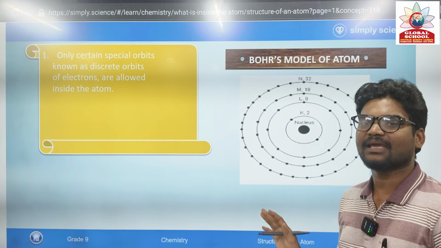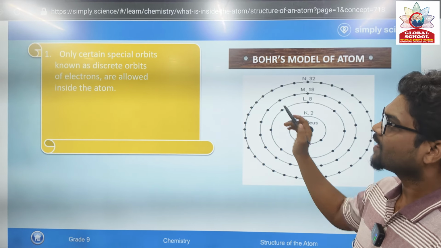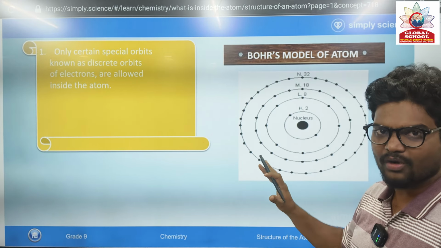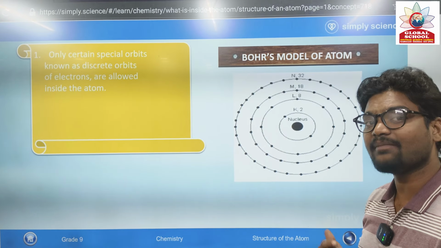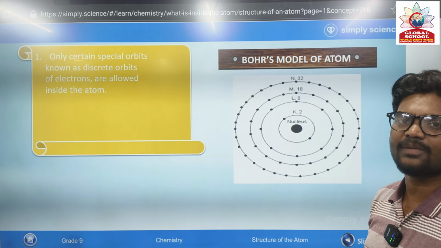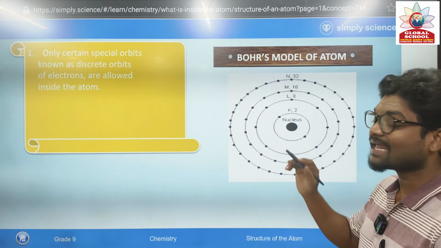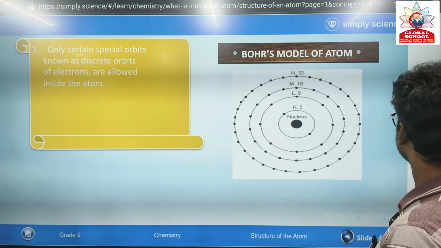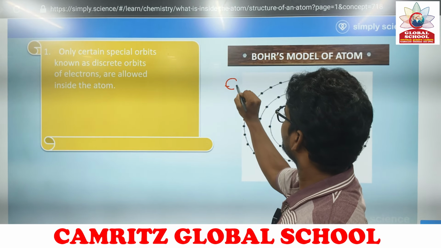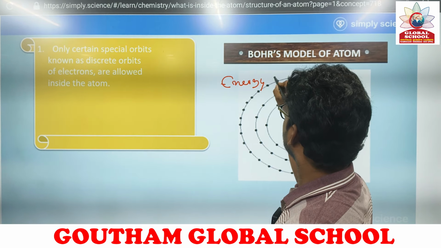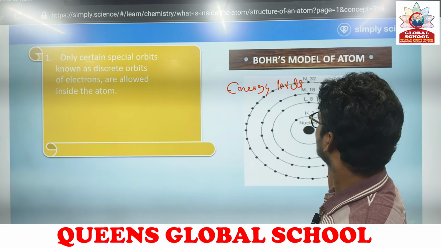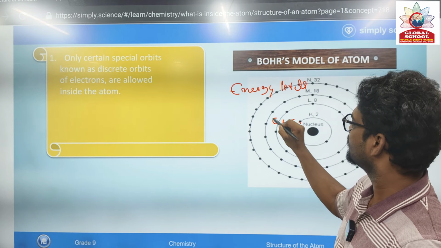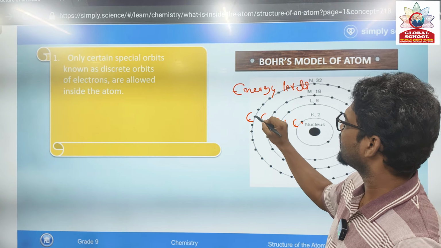These discrete orbits are allowed inside the atom, and he named each discrete orbit an energy level. This orbit will have E1, E2, E3 and E4.